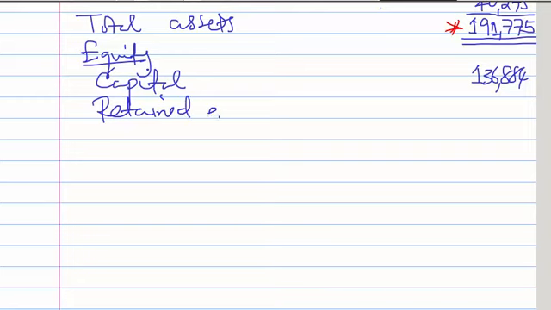So retained earnings, the profits we have made so far since we started, was 42,850, and that will give us a total equity figure of 136,884 plus 42,850, which gives 179,734.